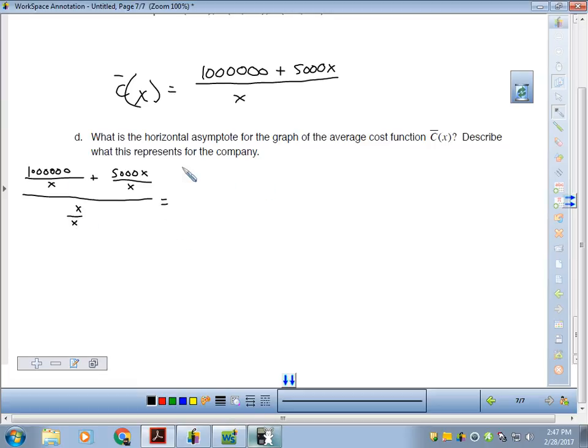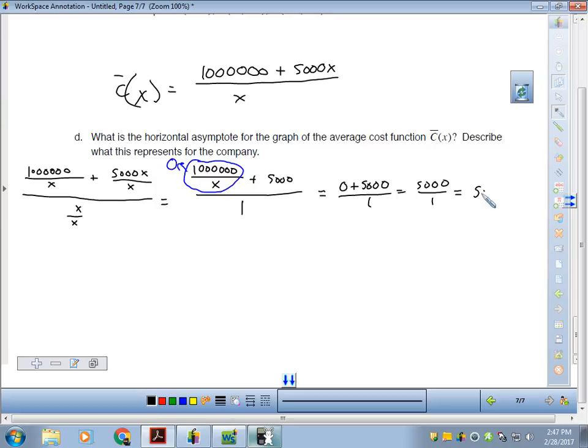That first one won't simplify, so it's still going to be 1 million over x plus the second one, the x's would cancel, so I just have 5,000. On the bottom, the x's would cancel, and I would just have 1. This fraction that still has an x in the denominator, remember, goes to 0. So what I really have is 0 plus 5,000 over 1, which means I just have 5,000. So y equals 5,000 is our horizontal asymptote.